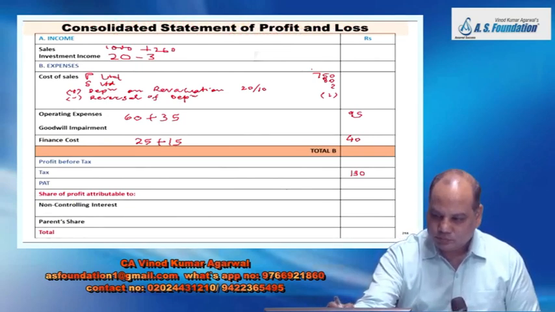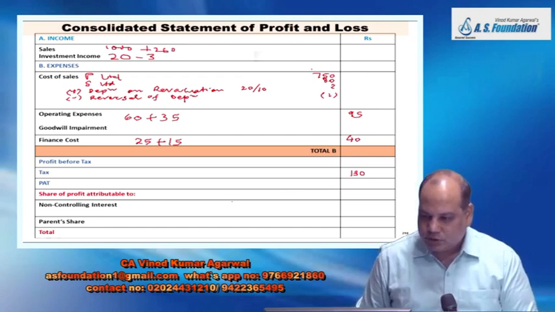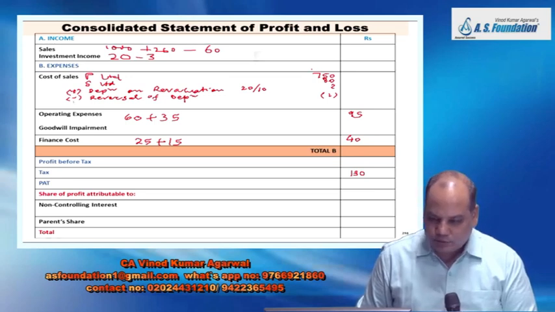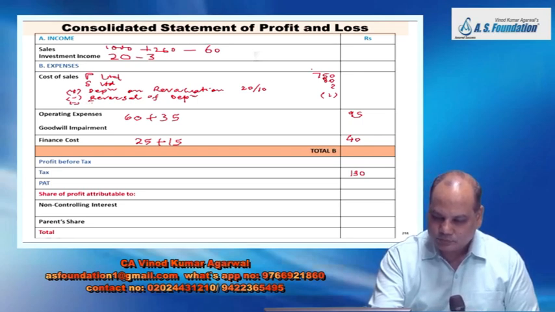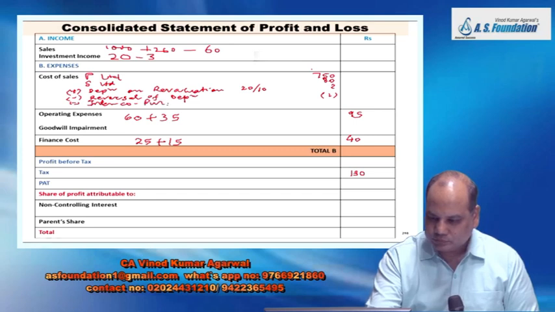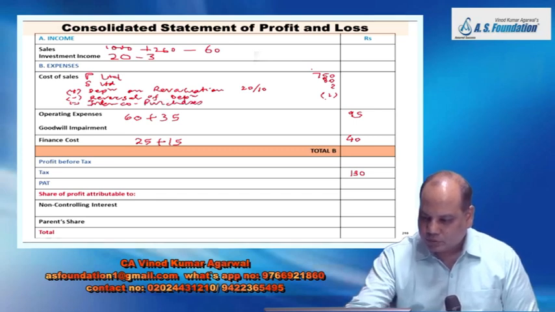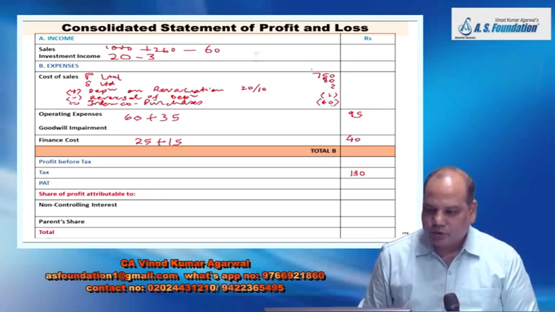Sales reduce 60, and cost of sale also less intercompany purchases. Is it 60? Yes. Sales you can write in the outer column: 1000 plus 260 minus 60, 1200.